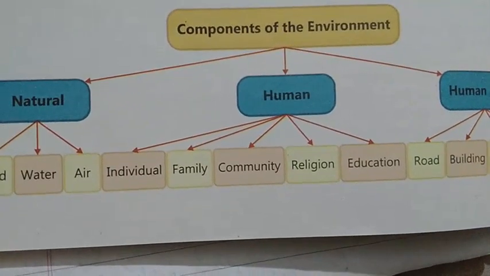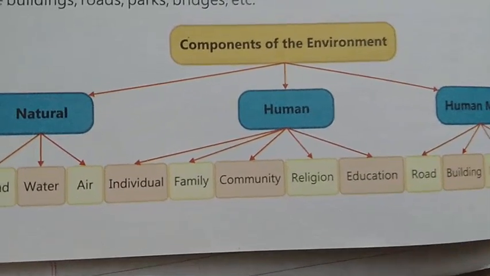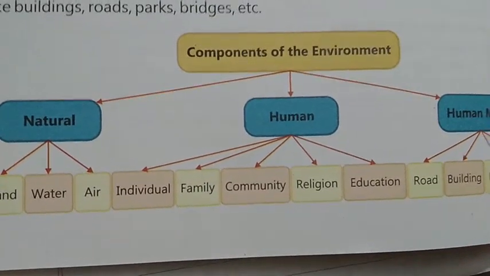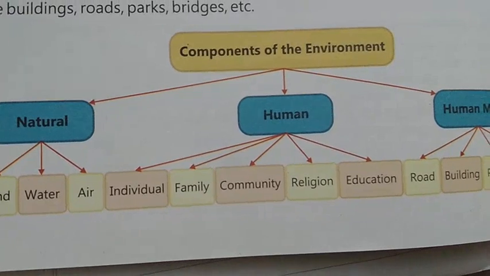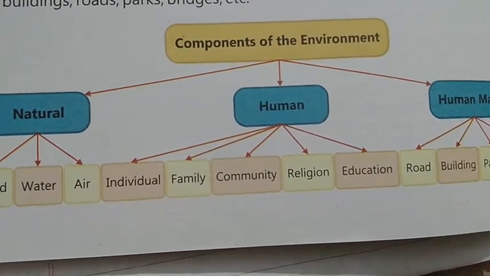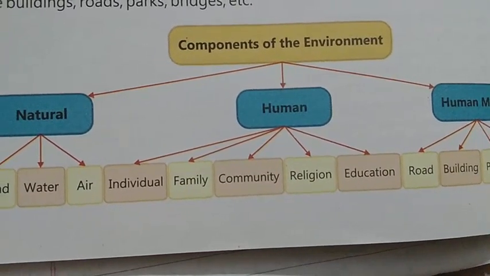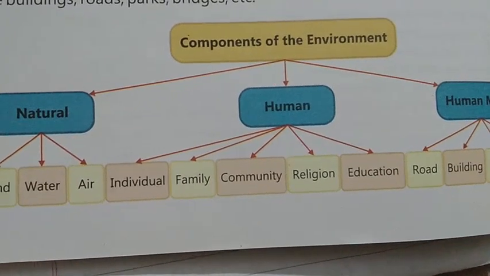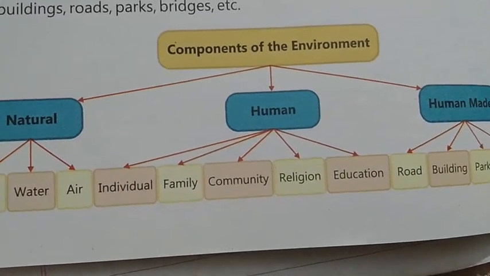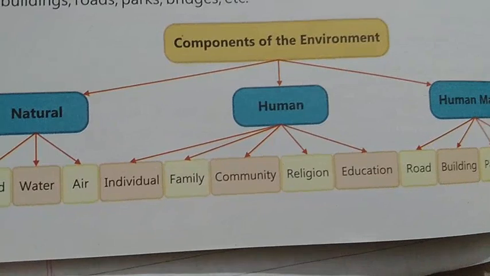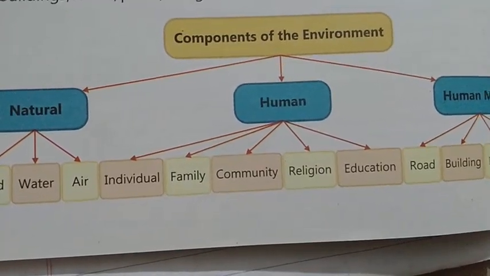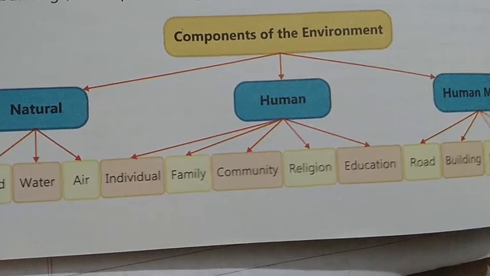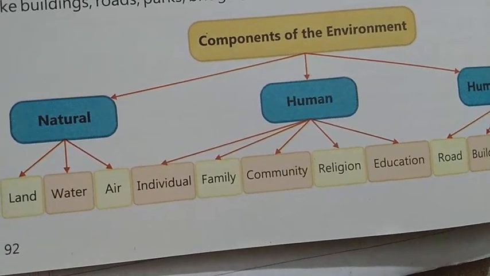Biotic components include plants, animals and human beings, and abiotic components are the lithosphere, hydrosphere, atmosphere. They both make the natural environment. Human environment refers to both humans and human-created activities and things like buildings, roads, parks, bridges, etc.